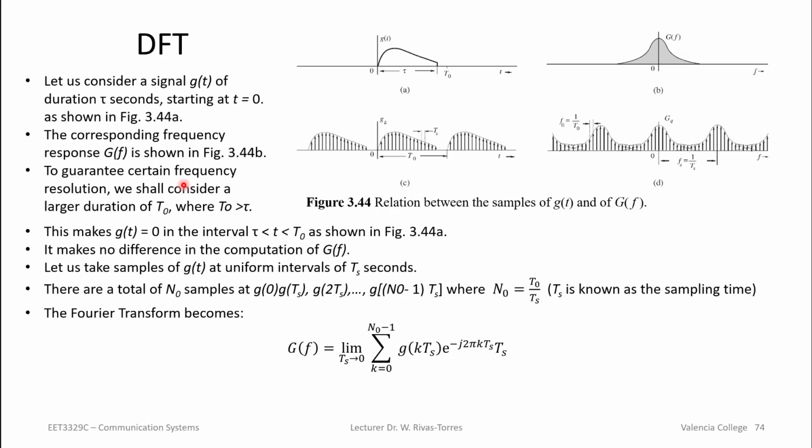So there's no feature in your signal that is of importance to you that is smaller in time than that sampling time. We want to do the same thing in the frequency domain. So we're saying that there's no feature in the frequency domain smaller than this that we are interested in. Okay? And so that's our resolution.